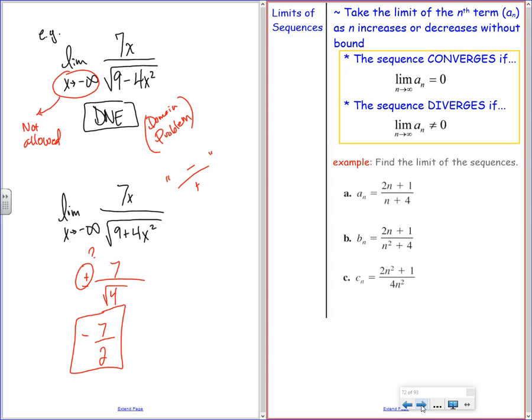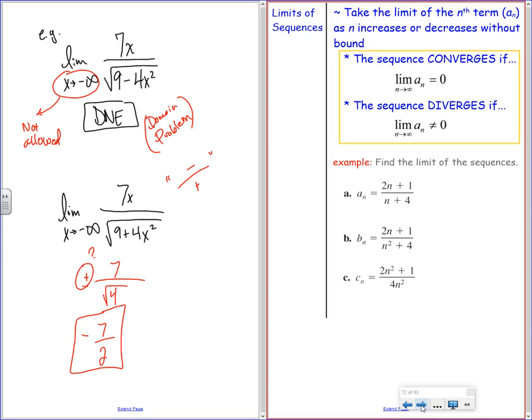If the idea of plugging in negative infinity is too confusing, plugging in negative 1,000 and saying, oh, 7 times any negative will always be a negative. And on the denominator, negative 1,000 squared will be positive, times 4 will be positive, plus 9 will be positive, square rooted will be positive. So any negatives over positives will always end up being negative.